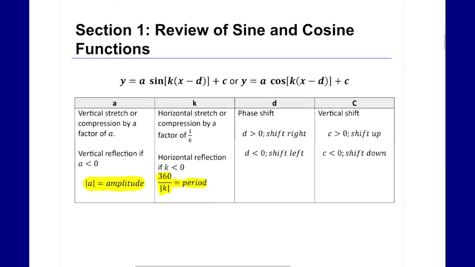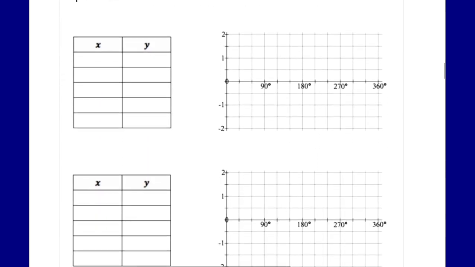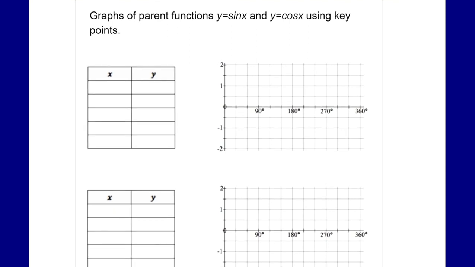Now, with all of our transformations, we need to have our parent functions, and we did graph these functions in the previous lessons. And yes, there were quite a lot of values. I think we did every 30 degrees. We looked at finding what the related value was in sine and cosine. However, there are really only about 5 or 6 key points that we need to use when looking at sine and cosine.